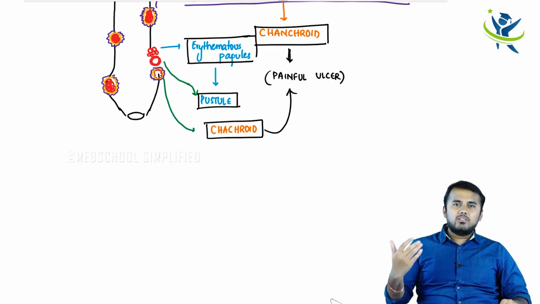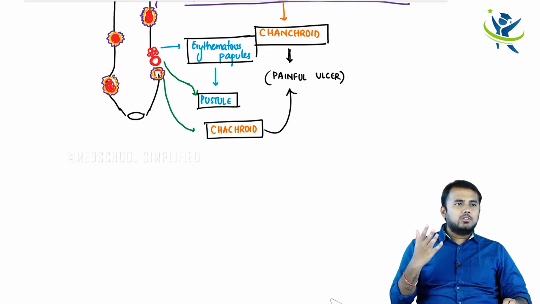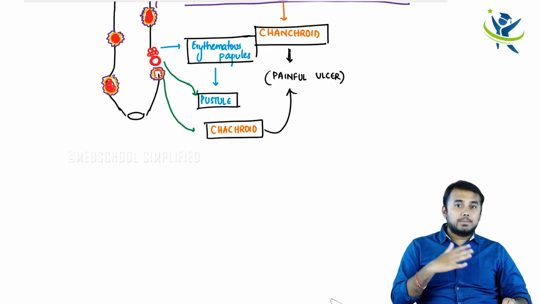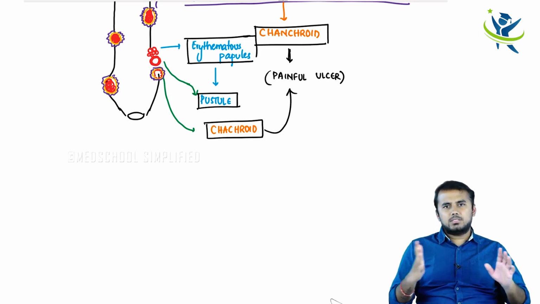Along with that, he will have fever, headache, nausea, vomiting and all of these things. These are called systemic symptoms. But this patient will not have fever, will not have any kind of sepsis, will not have any kind of hypotension, headache or vomiting. No systemic symptoms.